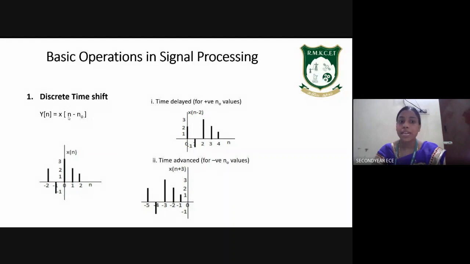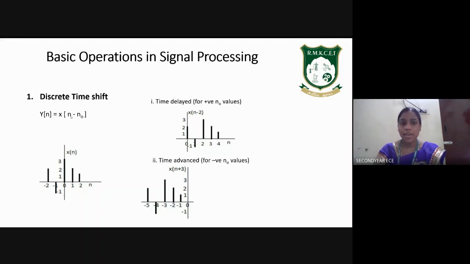x of n minus n naught. I didn't put here x of n plus n naught. Usually, the shift is like this only: x of n minus n naught. The n naught may be positive, and the n naught may be negative. Minus of minus becomes plus here.